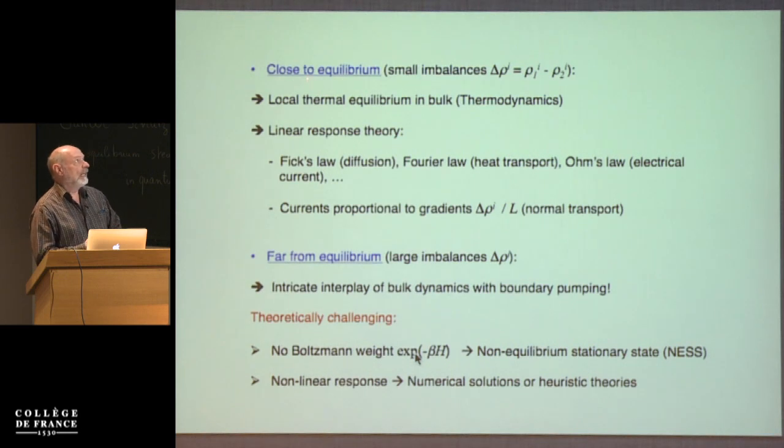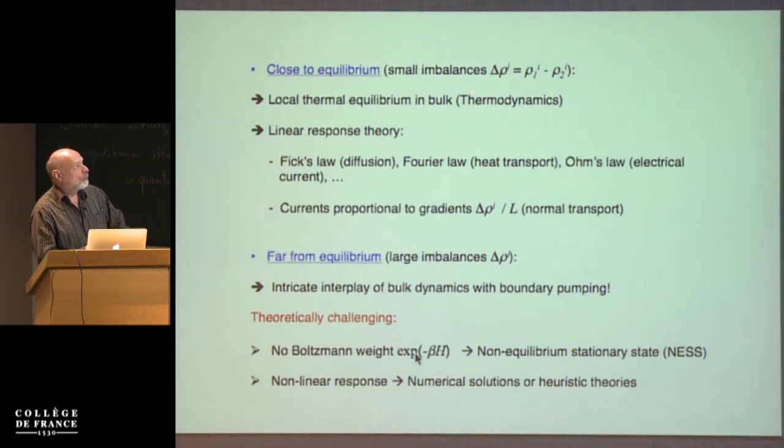Now, if we are close to equilibrium, that means if the differences of these boundary quantities are very small, then basically we can do linear response theory. We will have some local thermal equilibrium in the bulk, which is basically the same as the global equilibrium because this deviation is very small.